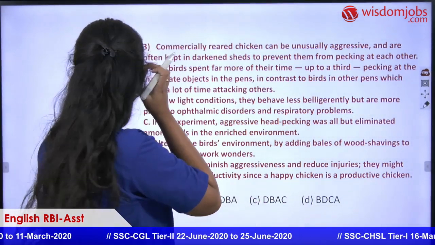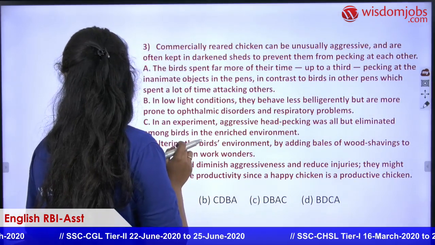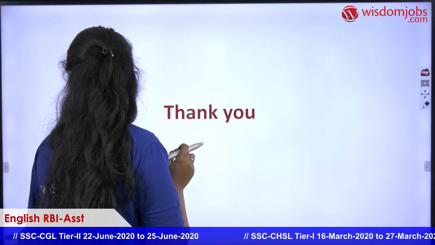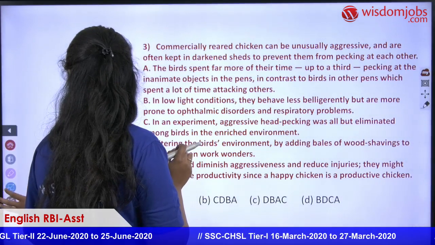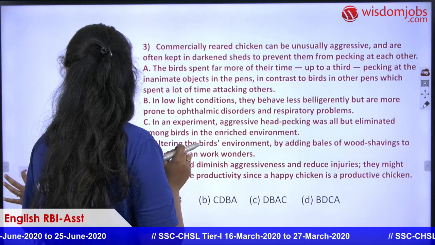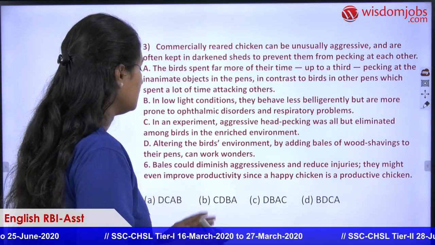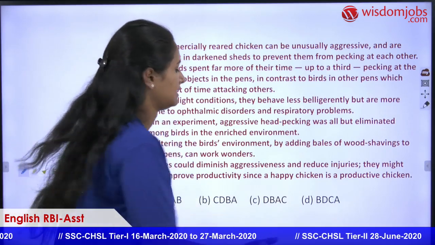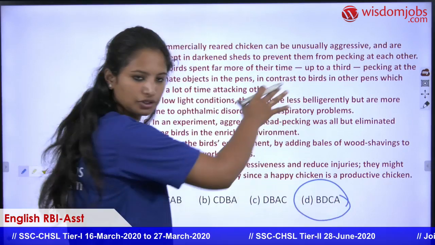So as we have seen, BDCA, as we have decided, is the option related to this paragraph.